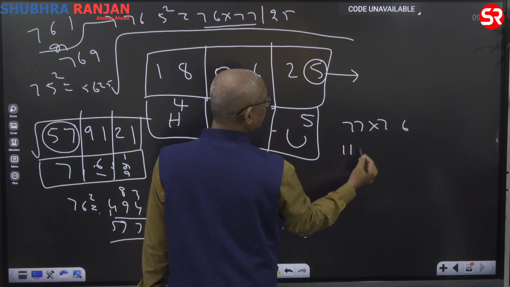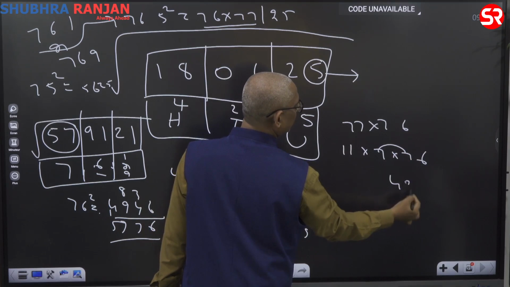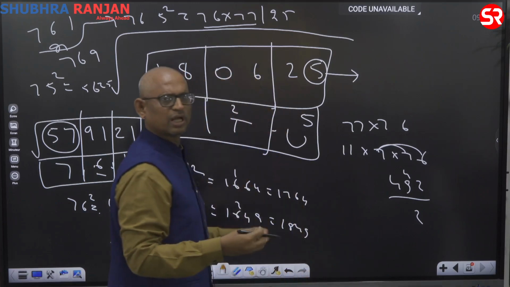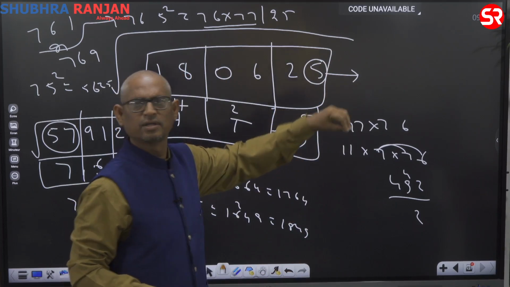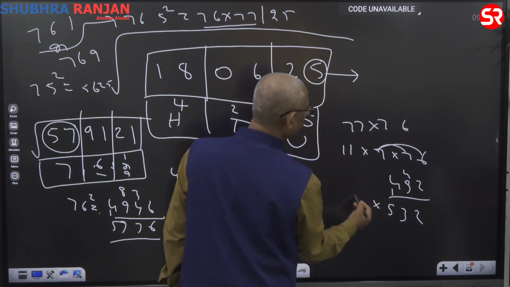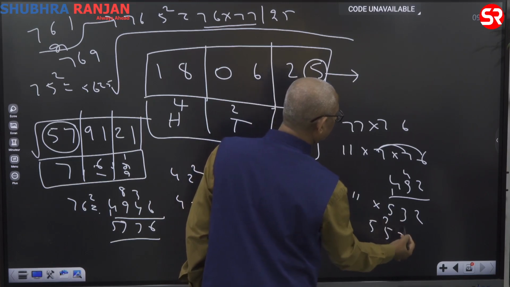So it is 11 into 7 into 76. So 7 sevens 49, 7 sixes 42. Whatever is comfortable for you to do the calculations, wherever you feel it is easy, go that way. That is what you have to learn. Okay. Now 2, 9, 4, 13, and it is 5, then again 11. So 55, again 33, and then 22.